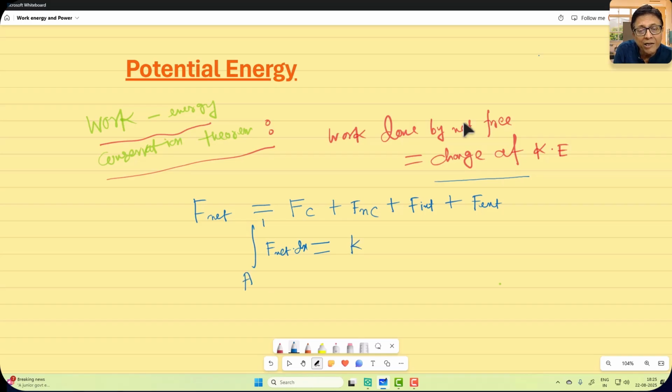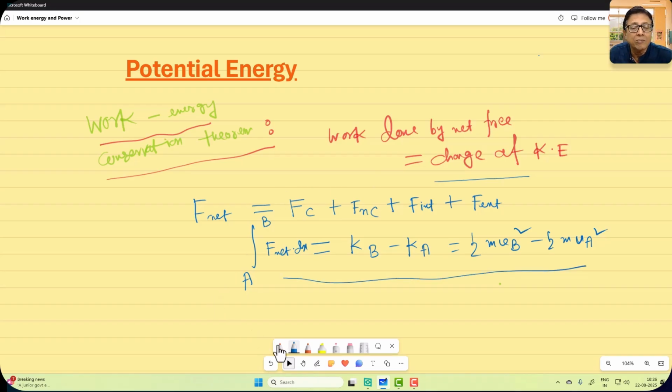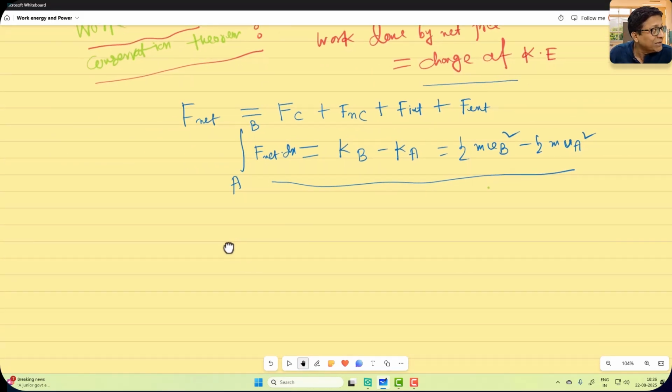If you find it from A to B, this is nothing but kinetic energy at B minus kinetic energy at A. You can write half m v_B square minus half m v_A square. This is the work energy conservation theorem. This is just kinetic energy work. You can say work energy conservation theorem, but this is basically the kinetic energy work conservation theorem.